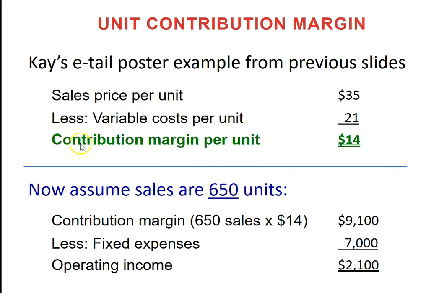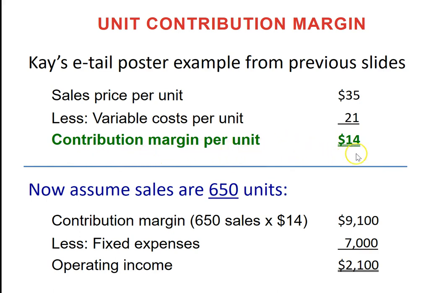If you would like to know the contribution margin per unit, you need to use all information for only one unit. That means we take sales price per unit, which is $35, and subtract variable cost per unit, which is $21. The difference, which is $14, is your contribution margin per unit.